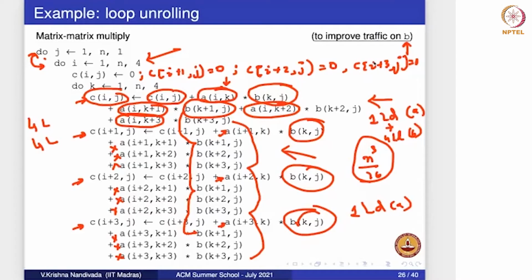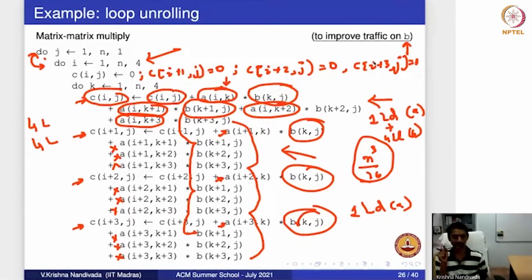Correct? As a result, it can impact a few other things, namely instruction scheduling, register allocation, and so on. And these things are not very easy to reason about. So I just put it as there are effects. Let's be aware of them. Good question.